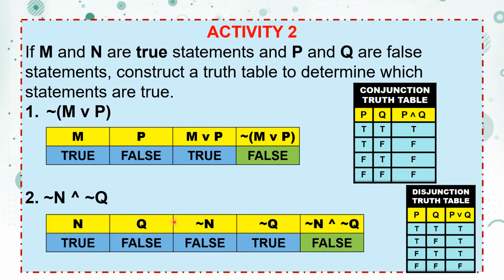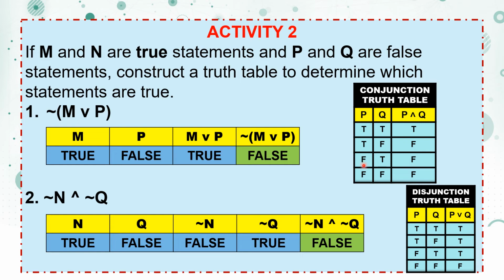And now, let's get the truth value of the whole, not N and not Q. Since this symbol is for conjunction, gamitin natin yung conjunction truth table. Yung not N natin is false, so hanapin natin yung false dito.